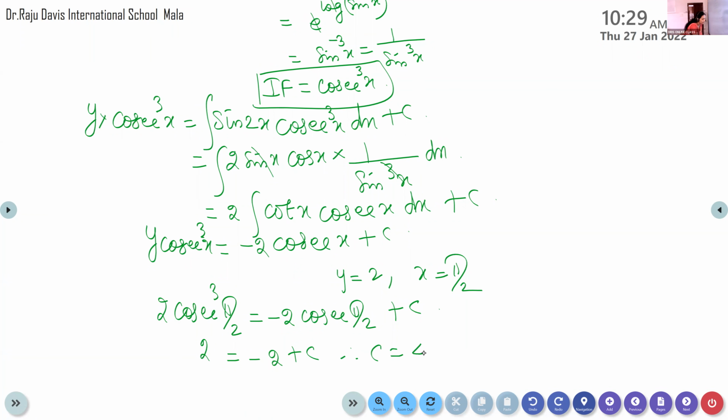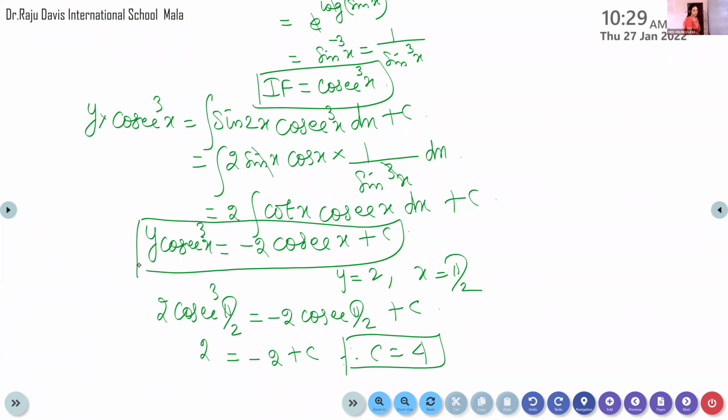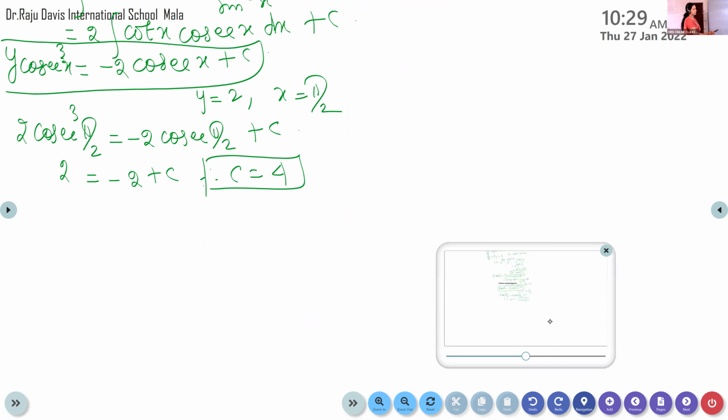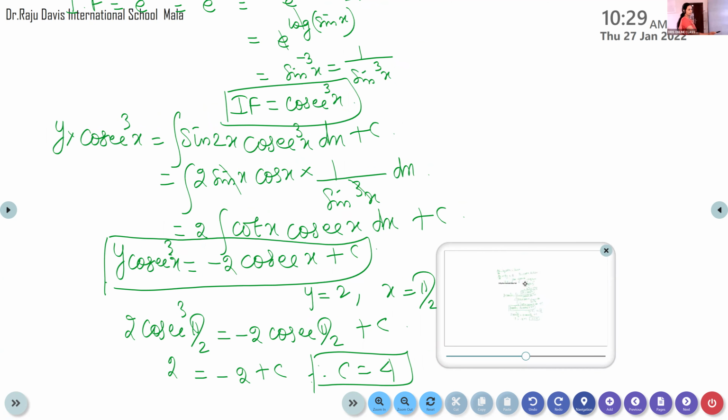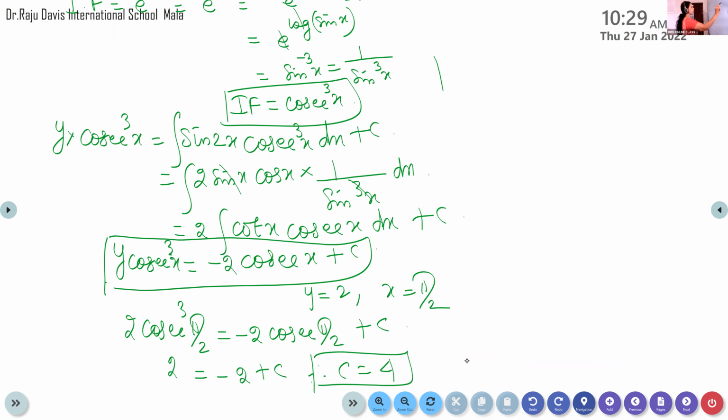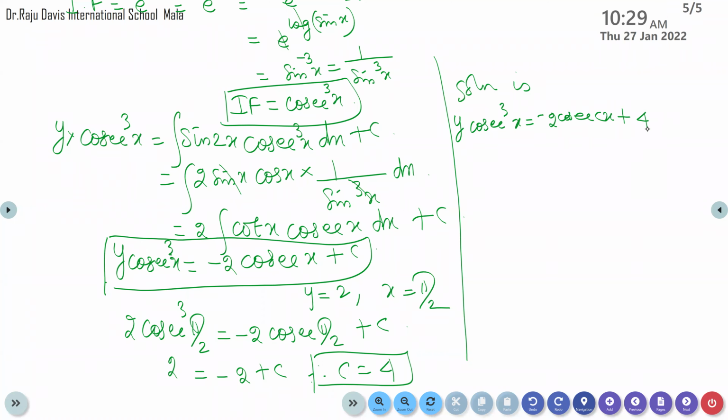Therefore, the value of c is 4. When c is 4, the solution is y cosec cube x is equal to minus 2 cosec x plus 4.